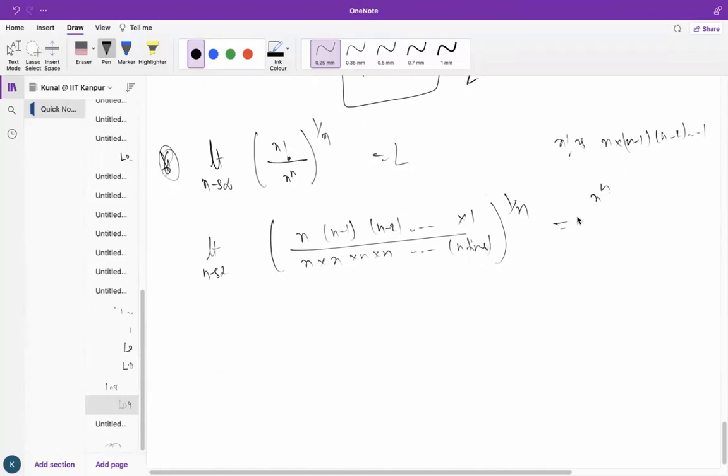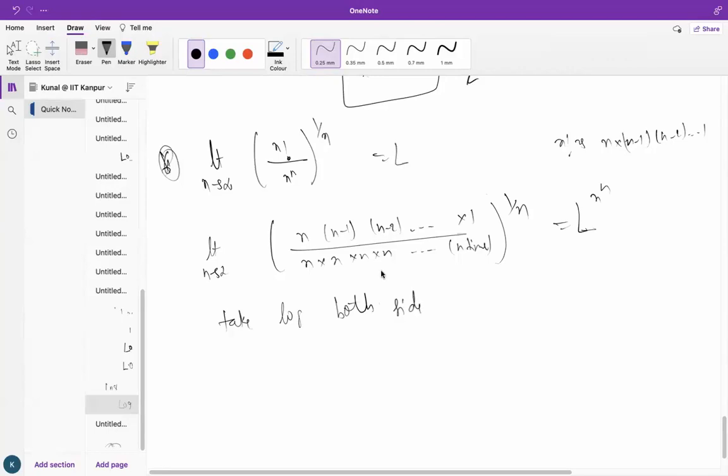And this is equal to limit L. Now take the log both sides because here the thing is in product form and we have to convert it into summation. Then we can use definite integration as a limit of sum. So take log both sides.